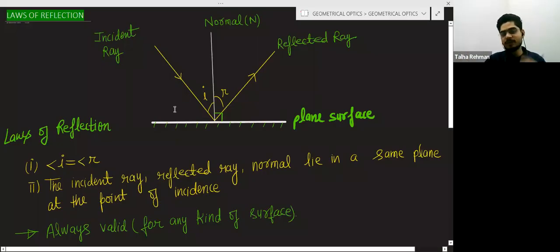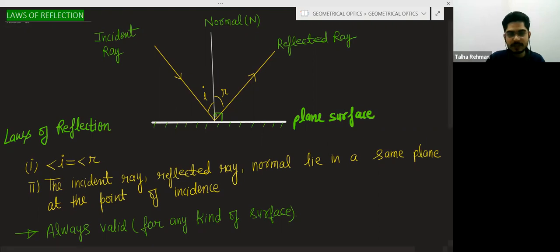You can also imagine the screen of your laptop as a plane. This diagram we have drawn on the screen of your laptop, so the incident ray, reflected ray, and normal are all lying on the screen of your laptop. This is the point of incidence, where the incident ray strikes.